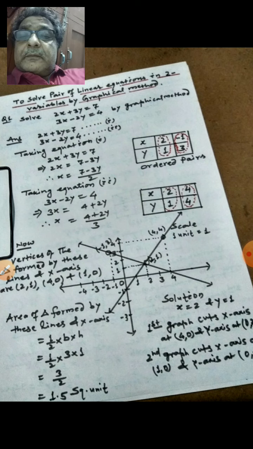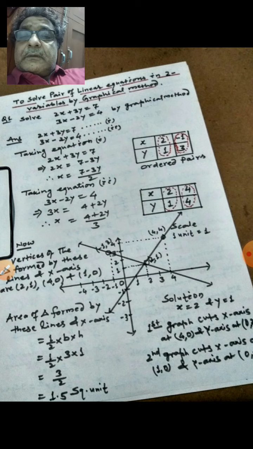Today in class 10 we will see, under the chapter pair of linear equations in two variables, how a pair of linear equations in two variables is solved by the graphical method.